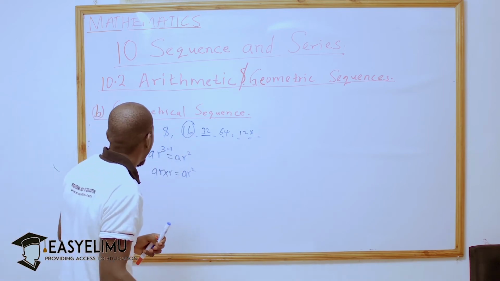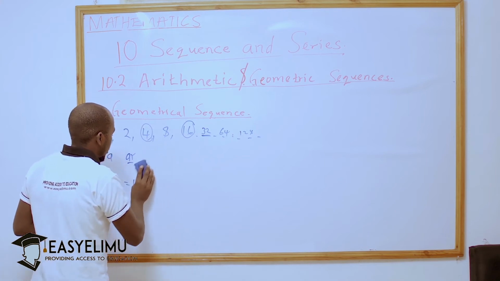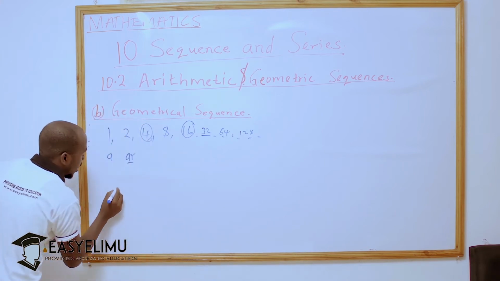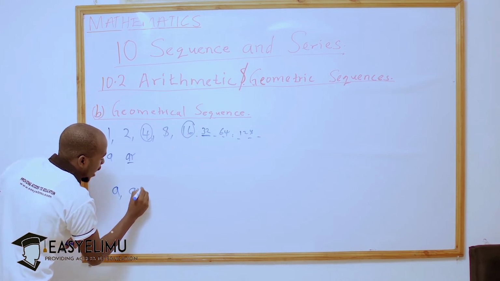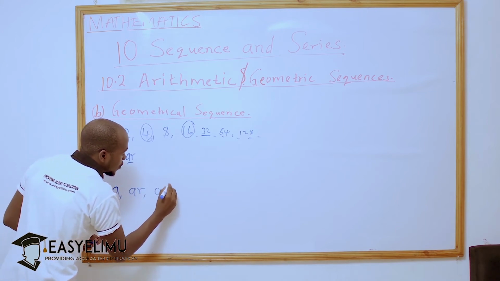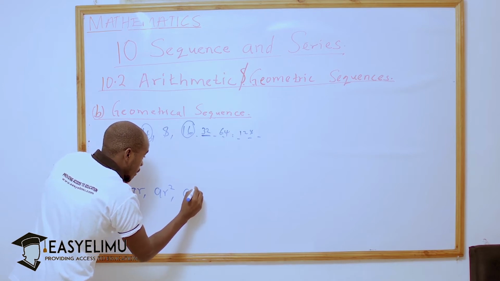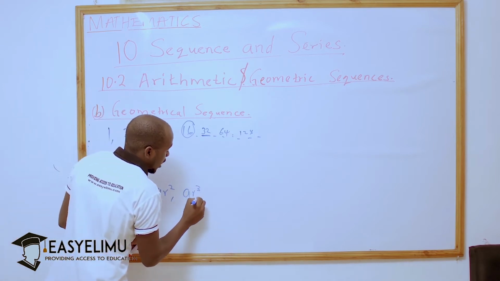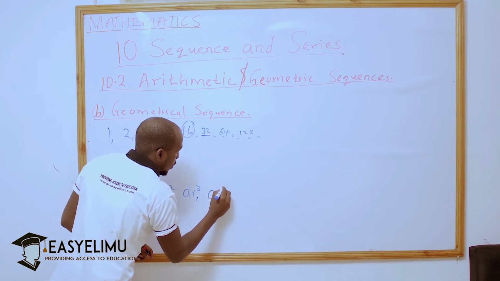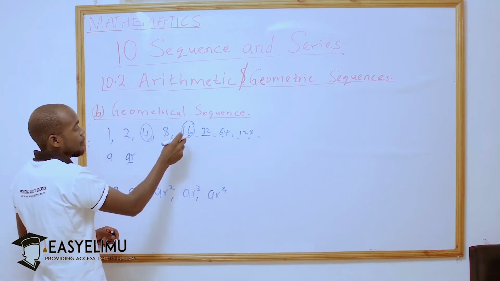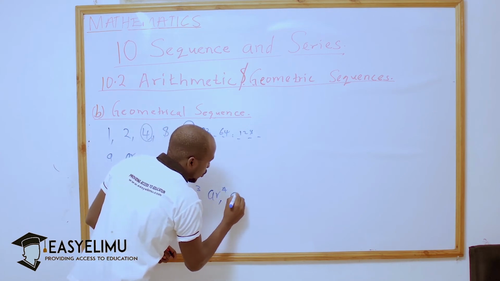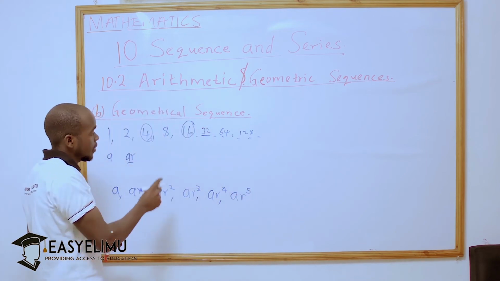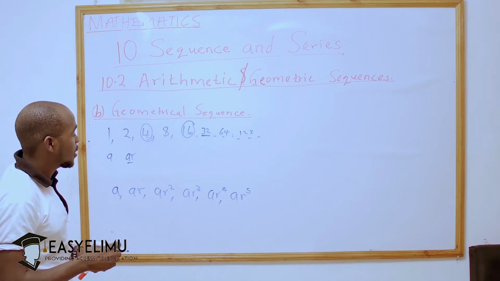So that gives us an indication that the terms above can also be represented as AR squared, AR cubed for the fourth term, AR to the fourth for the fifth term, and AR to the fifth for the sixth term.